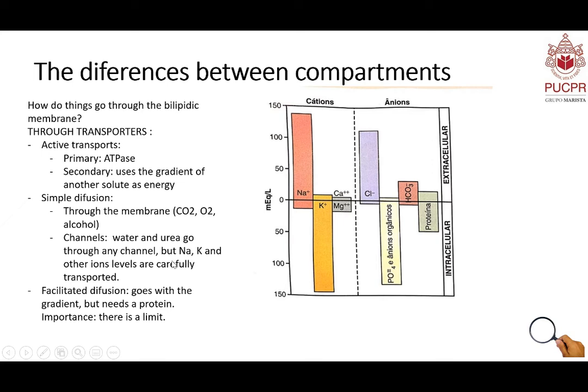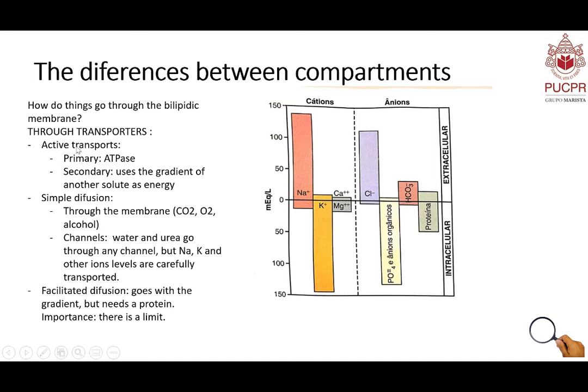And how does the cell make sure that the concentrations of the ions are kept the way the cell needs? When we're talking about ions, this happens because of active transports and channels. First, to understand active transports, we have two kinds: primary and secondary.